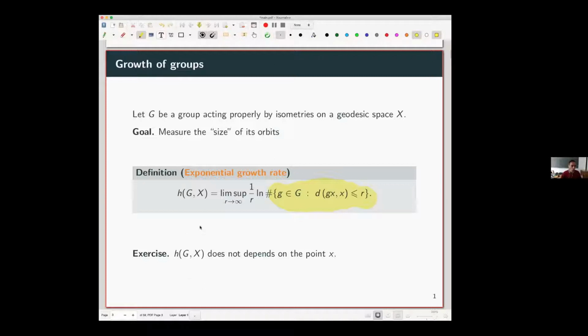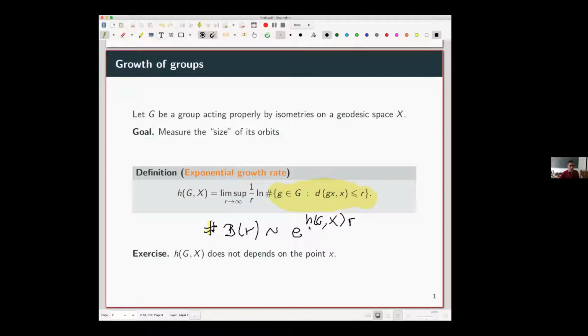Roughly speaking, it means that if you look at the cardinal of the ball of radius r, it should behave something like e to the exponential growth rate times r. Maybe there are some multiplicative constants here and there, but that's sort of the meaning of this asymptotic behavior.